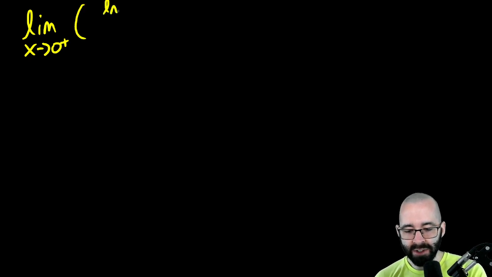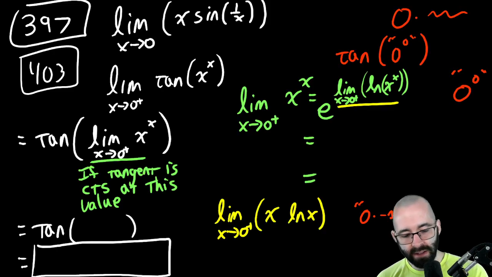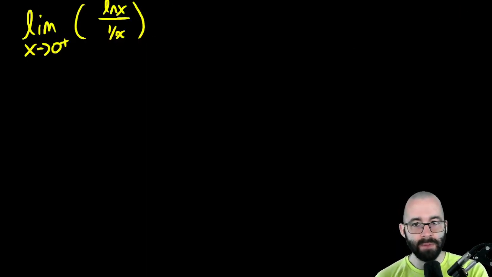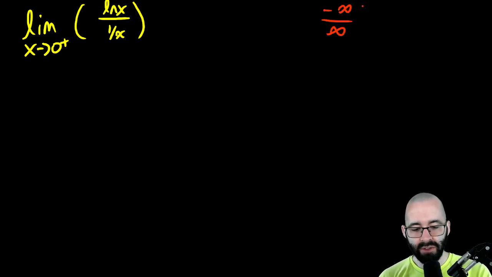We usually like natural log on the top, so we'll write this as natural log divided by 1 over x. Notice that the insides of these yellow limits are the same. Dividing by 1 over x is the same as multiplying by x. This is negative infinity over positive infinity, another indeterminate form.